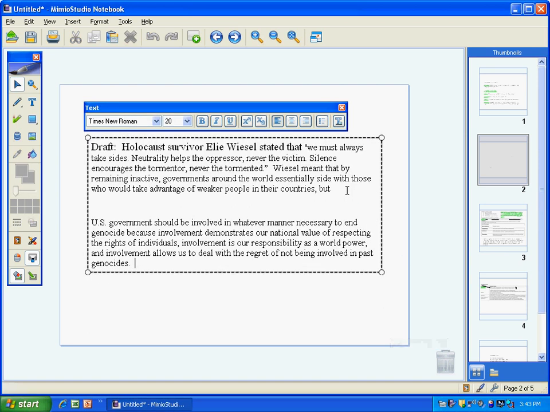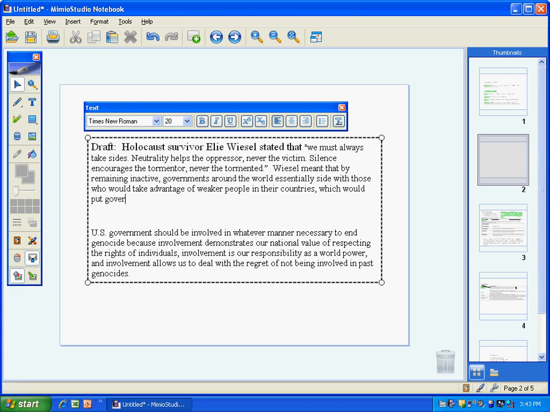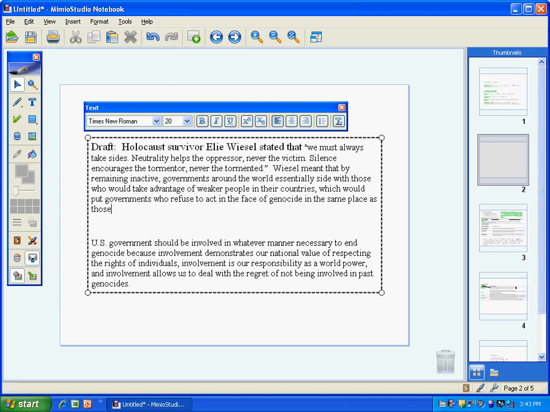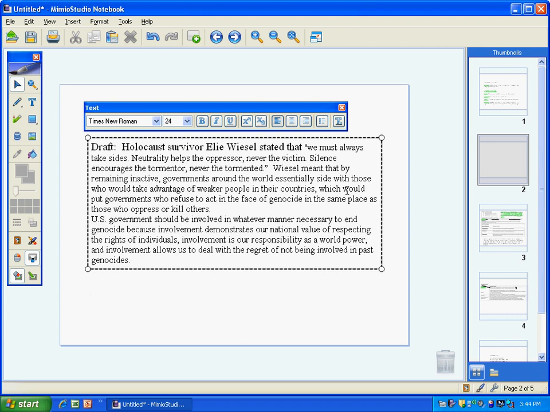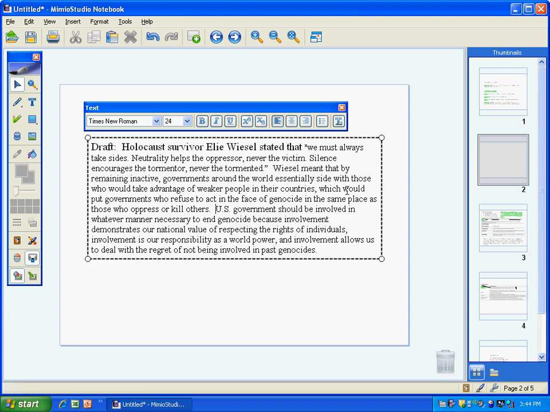Instead of using the word "but," I'm going to go back to my frame and use the word "which," which would put governments who refuse to act in the face of genocide in the same place as those who oppress or kill others. I believe I've successfully transitioned to my thesis, but let's go ahead and reread it.